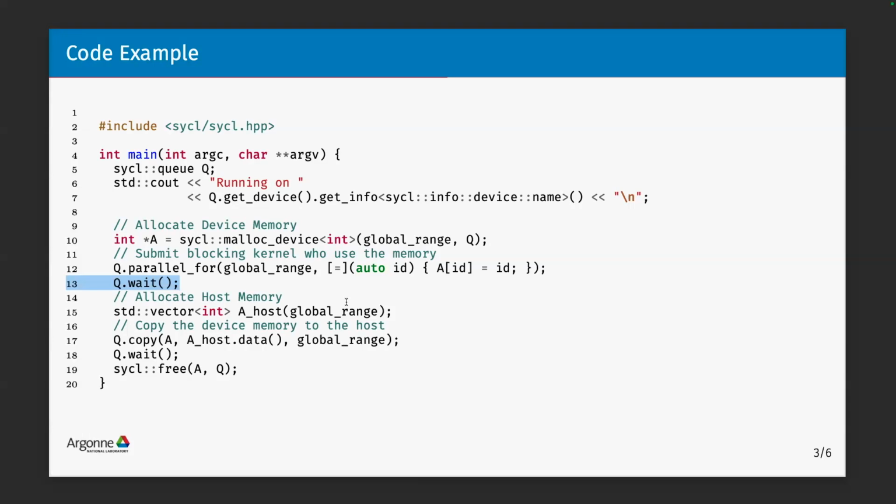By default, queues in SYCL are out of order. The reason for that is performance. For example, if I do a parallel_for and a copy, both will execute at the same time, because of course I can do a PCIe data transfer at the same time I execute a kernel. So by default, we are out of order. If you come from CUDA, in CUDA you don't do it this way.